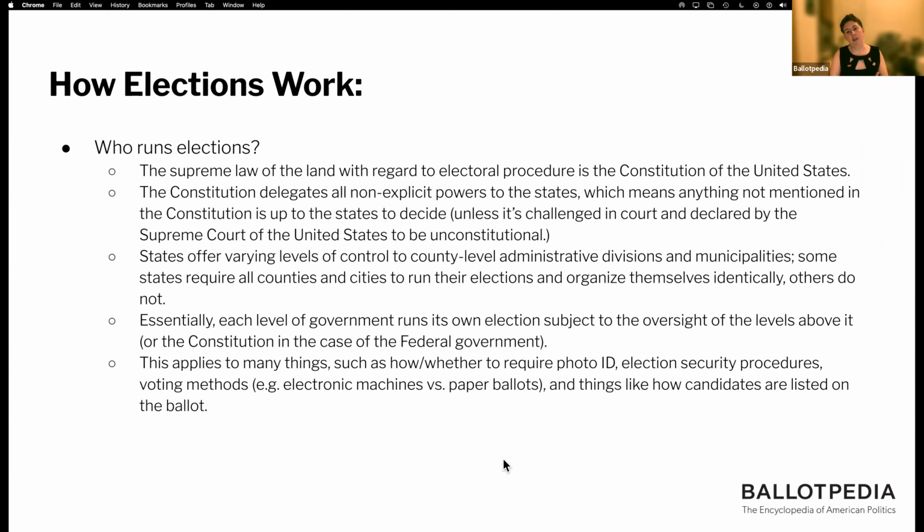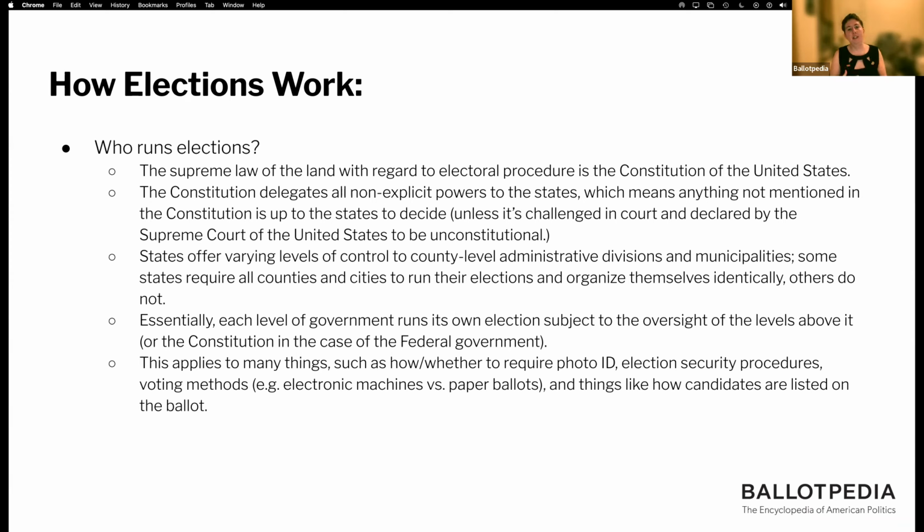So first, I wanted to go into a little bit about just generally how elections work in terms of the different levels of government and who is in charge of things like election security or election procedures, because a lot of that can also be very confusing. So as far as who runs elections, the supreme law of the land with regard to electoral procedures is the Constitution of the United States.